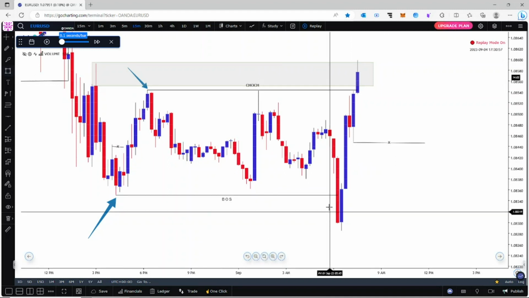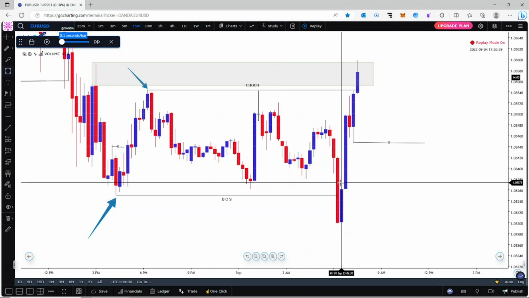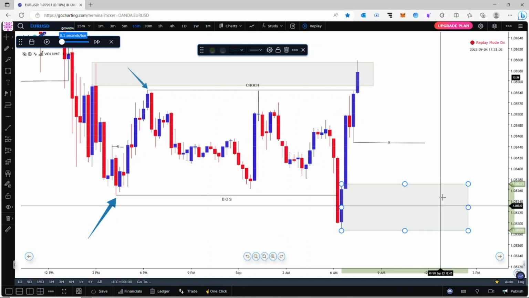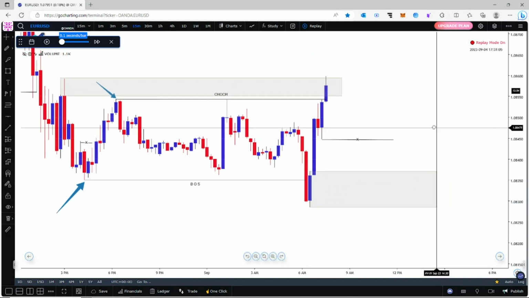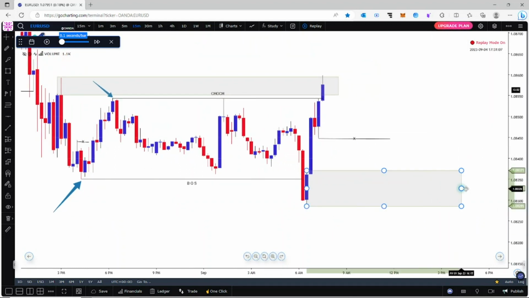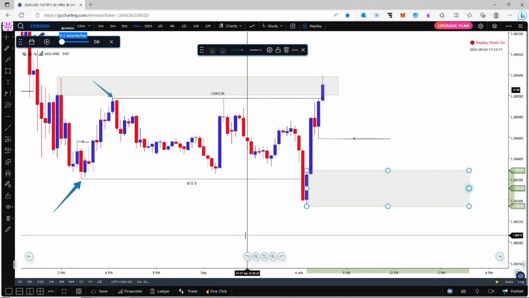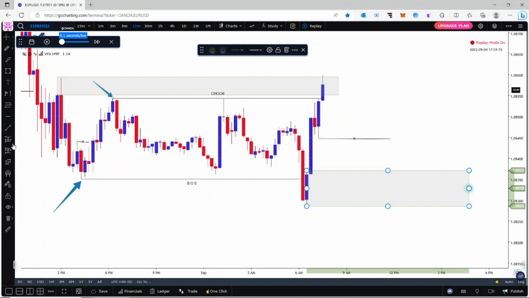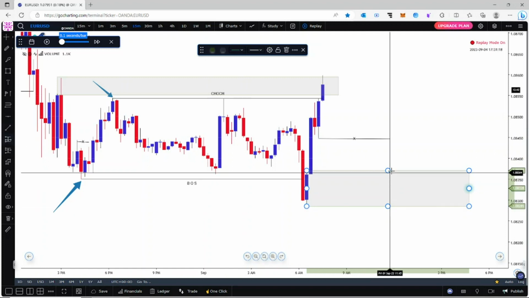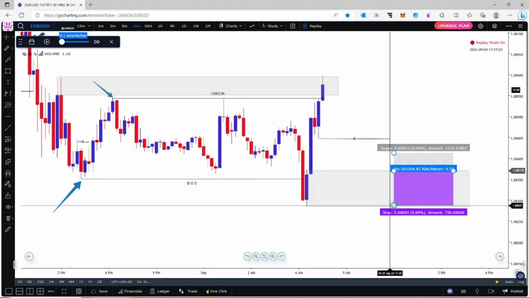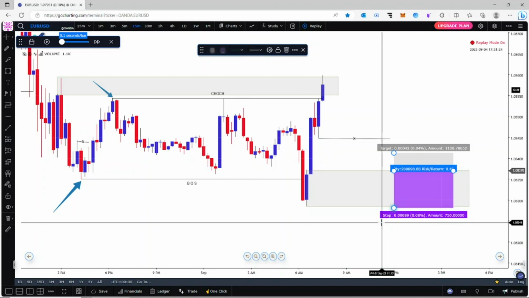So on Friday, I put my limit here, waiting nicely for price to tap, and then I would go for my buy, because it was NFP on the 1st of September this year. My limit was right over here, waiting nicely, risking about 9 pips.